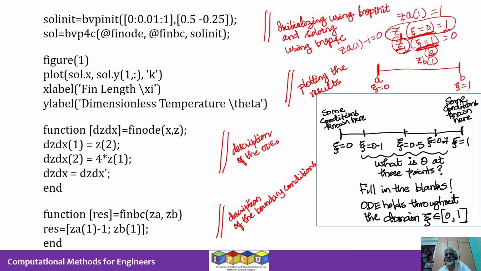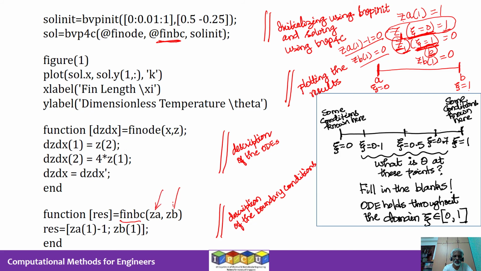So ZB of 1 is equal to 0. This is what is given in the problem statement. So the second boundary condition becomes ZB1 is equal to 0. So to define the boundary conditions of the problem, please note fin BC is the name that I've given here when I call BVP4C. So that will be the name of this function.